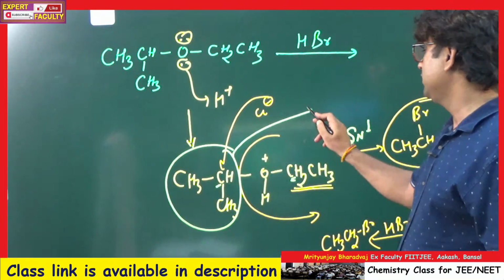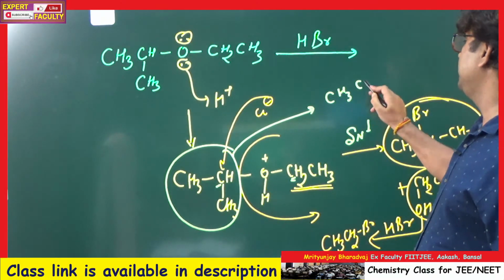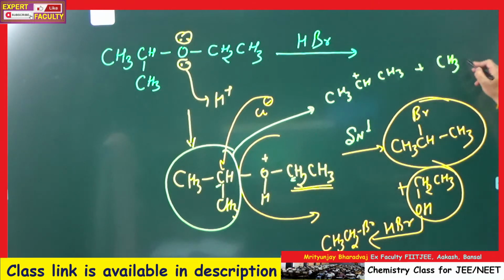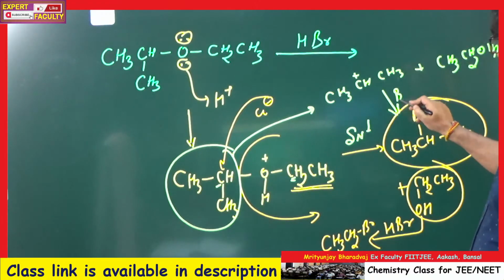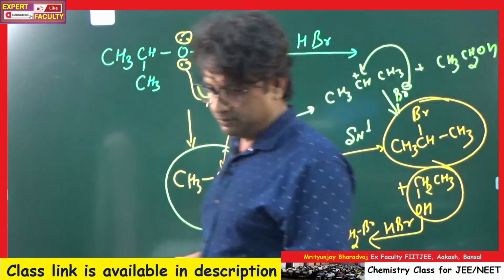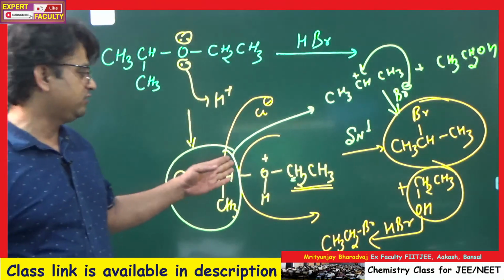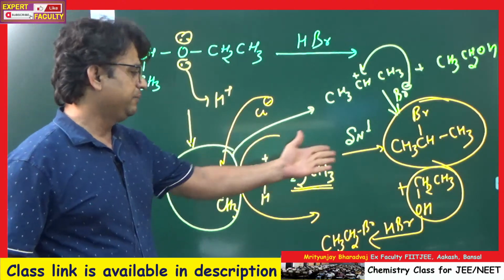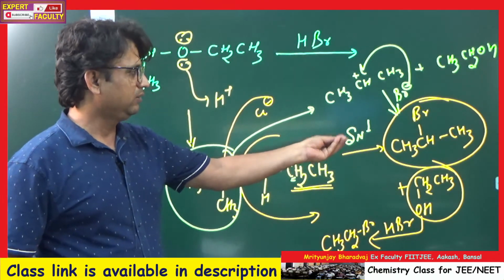You may first form the carbocation CH3CH plus CH3 and CH3CH2OH, and then you can have nucleophilic attack from Br minus, and this will be the product. Since it is SN1, I am taking nucleophilic attack on this carbon.